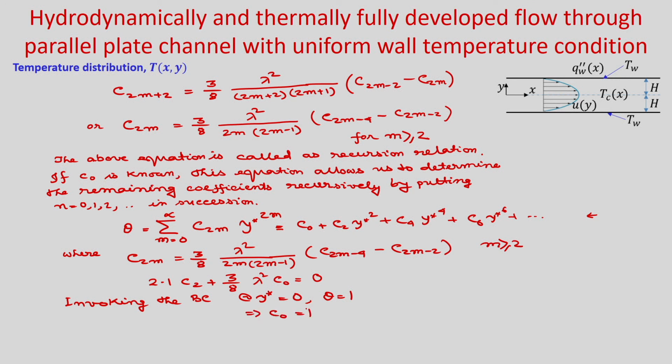Then you can write the value of C 2 from this equation. So, C 2 will be minus 3 by 16 lambda square into C naught, and C naught is 1. So, it will be minus 3 by 16 into lambda square. Now, C naught and C 2 are known.